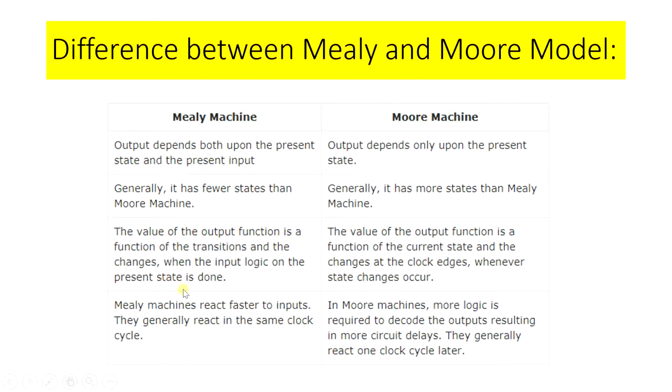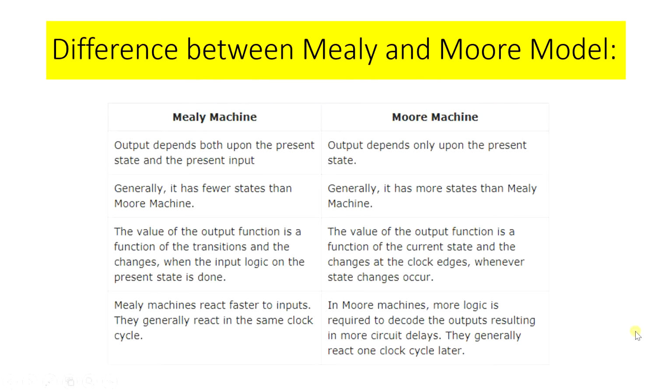The output will change only at the clock edges in the Moore machine, whereas in the Mealy model, the input change will cause the change in the output. Another major difference is that the Mealy models will react faster to the inputs, whereas the Moore model circuits will have more delay in comparison to the Mealy machine.